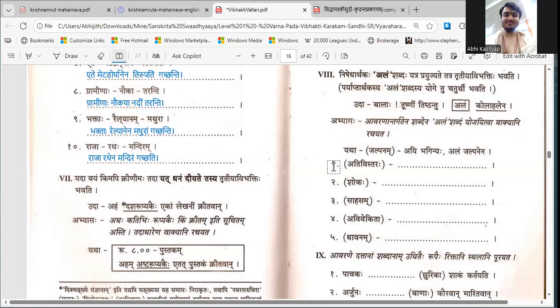We have seen the sankhyas actually over here, 1, 2, 3, 4, 5, at least till 10 we know. So Samskrita sankhyas are very easy to remember. This is 1.